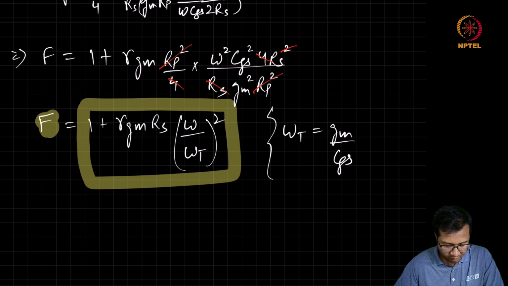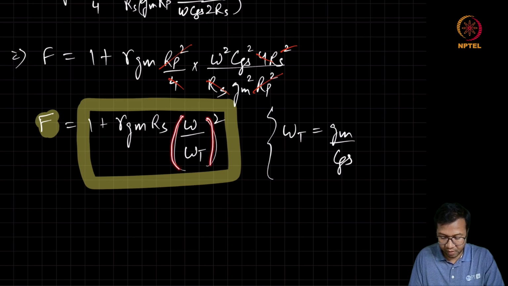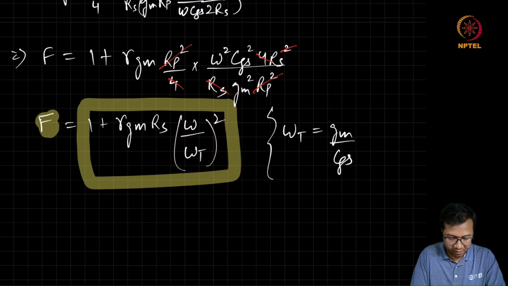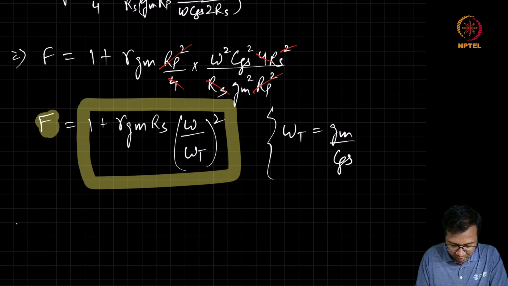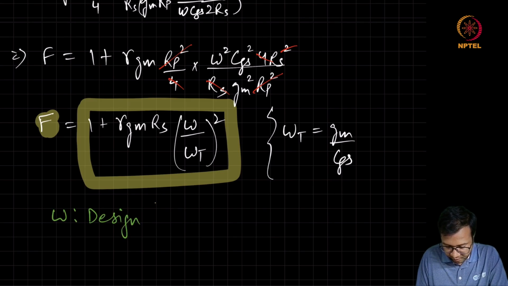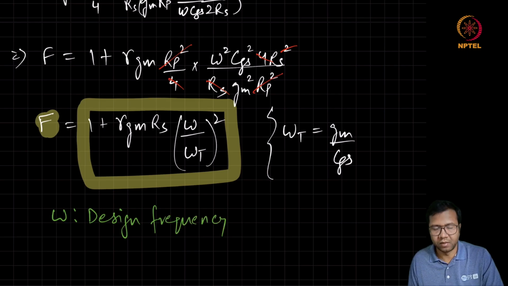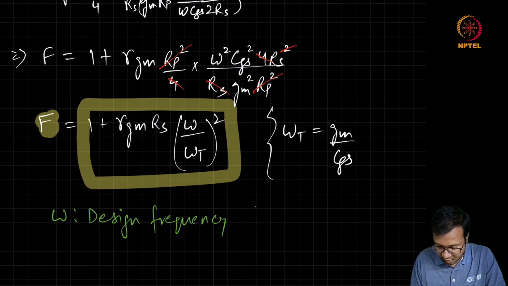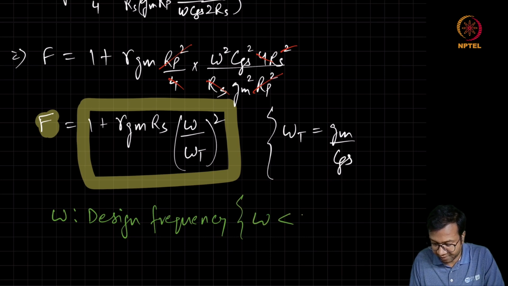Now let us see what kind of noise factor value we are getting. If we look at this term, we have this omega by omega t whole square, where omega is the design frequency. The design frequency for our applications can be, let's say, omega less than 5-6 gigahertz.